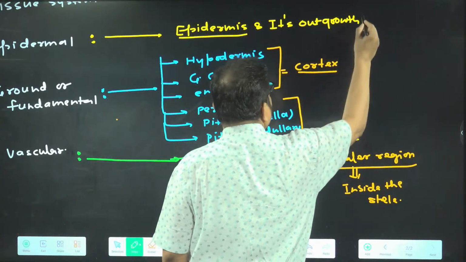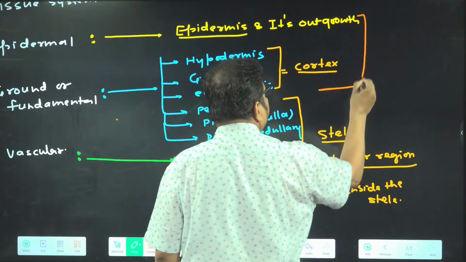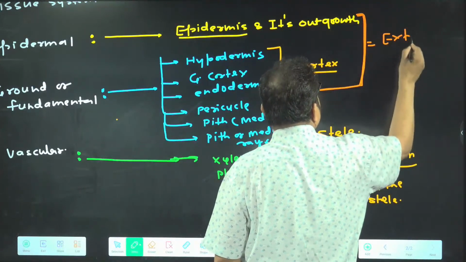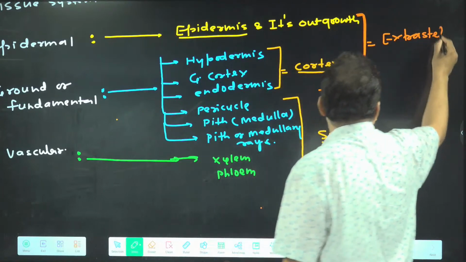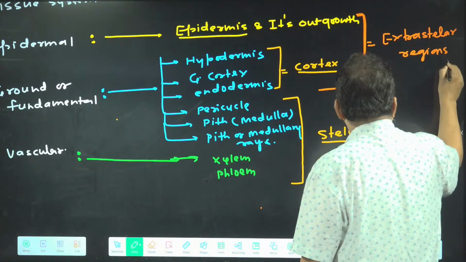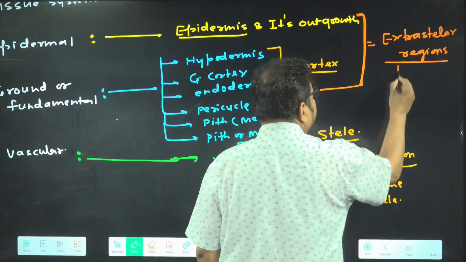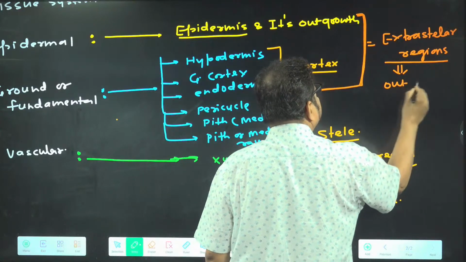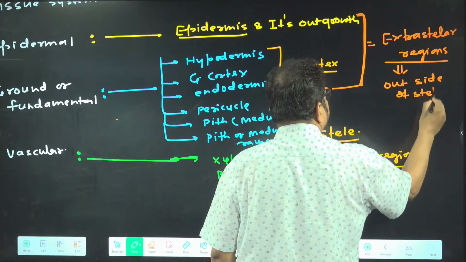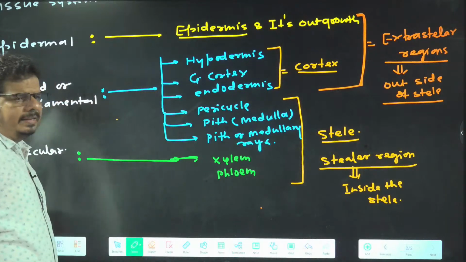And if we talk about epidermis to endodermis, we use the term extrastelar region. Why are we saying extrastelar region? Because they are outside of the stele. Is it clear in the mind?